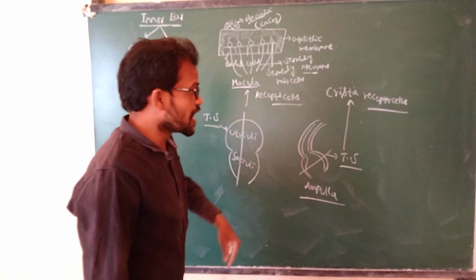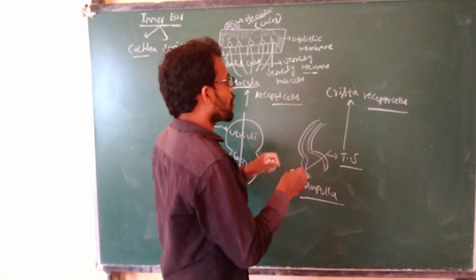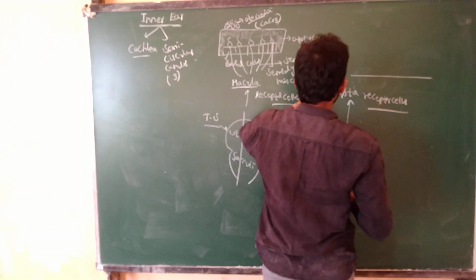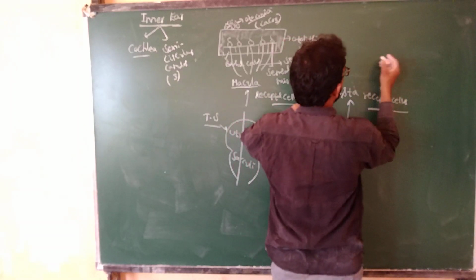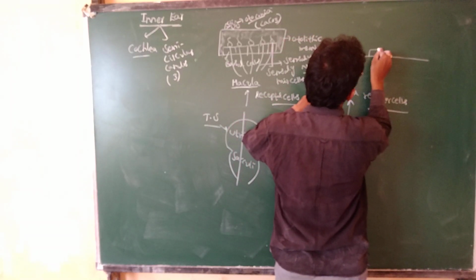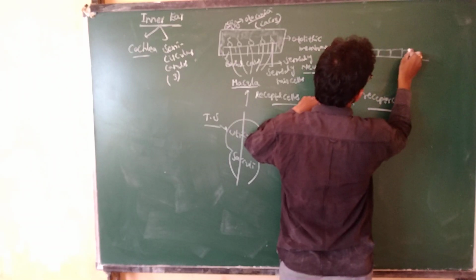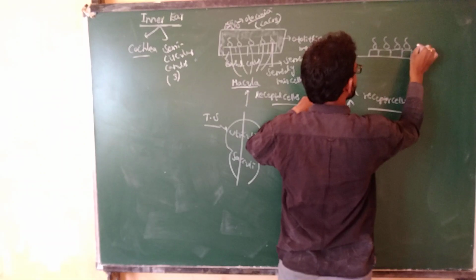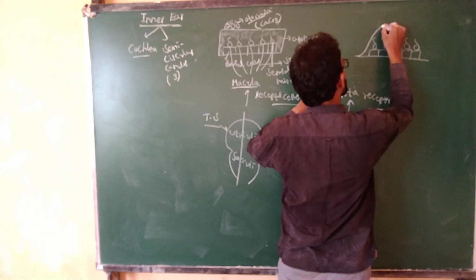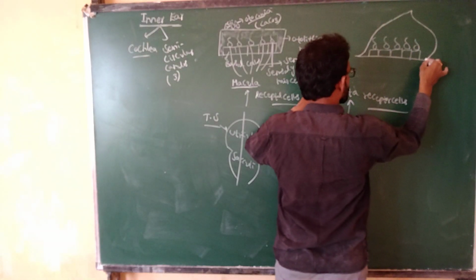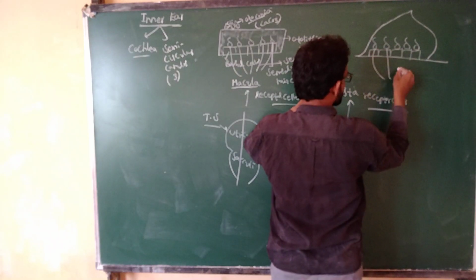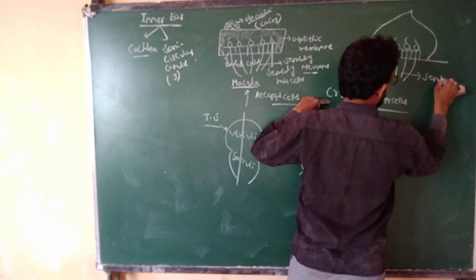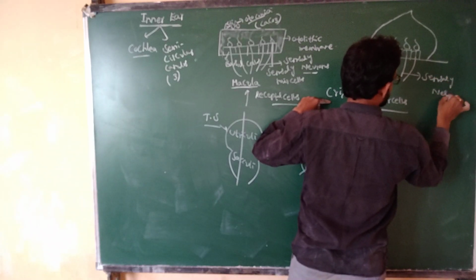Now the transverse section of the ampulla, the crista receptors. How do they exist? See, the crista receptors. It is a basal cell layer with sensory hair cells, and the base consists of sensory nerves.